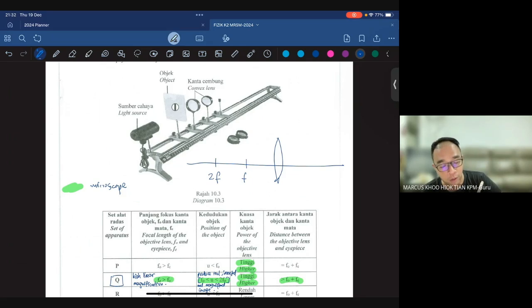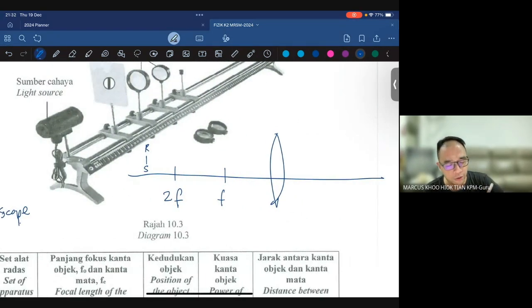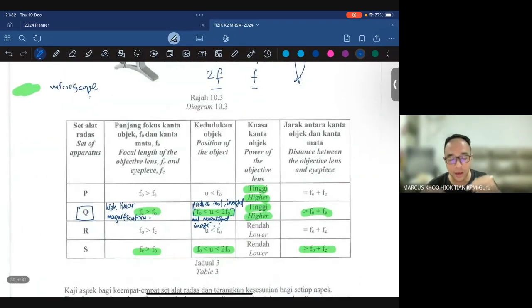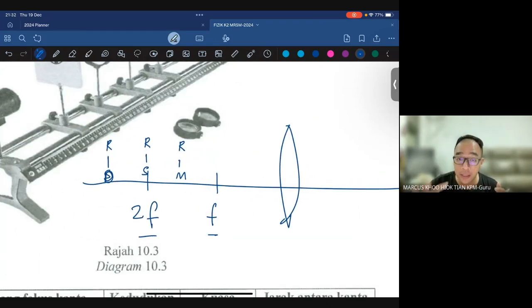If our object is here, then our image is real, inverted, diminished. If it is here, it is real, inverted, same size. If it is here, it's real, inverted, magnified. So the reason why we want to have F and 2F is so that you can get a real, inverted, magnified image. This is very standard.